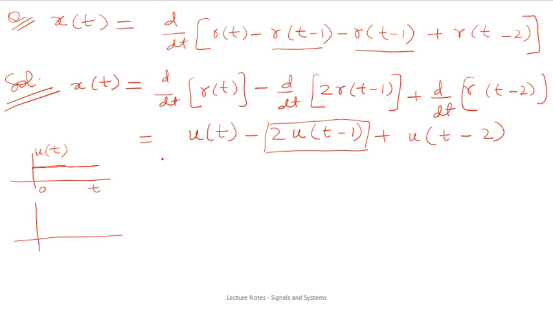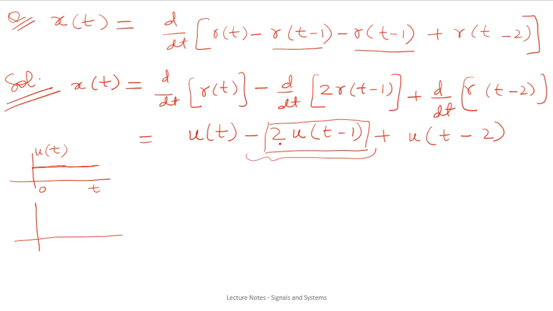Or you can draw the complete signal, that is minus twice u(t−1). That will come on the lower part of the y-axis, below the origin. In that way you can add the signals directly, because you have already drawn it with the negative sign. Whichever is more convenient, you can solve it that way.